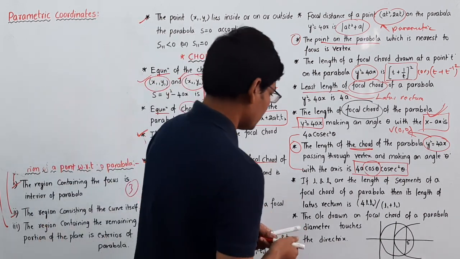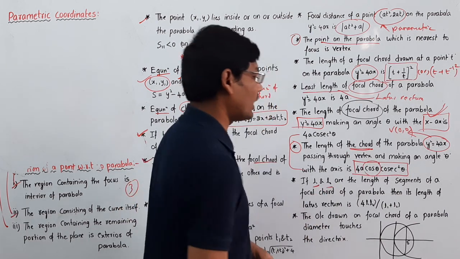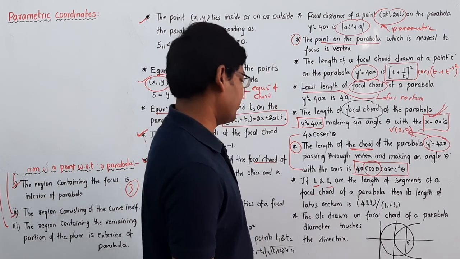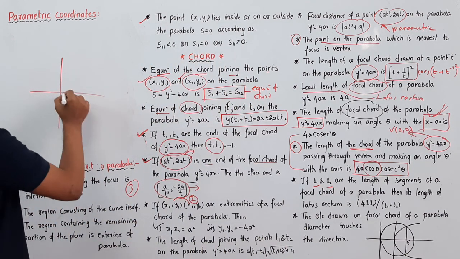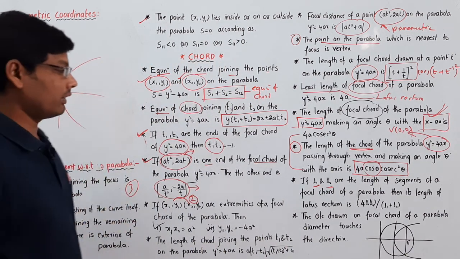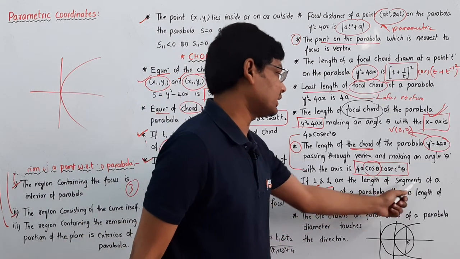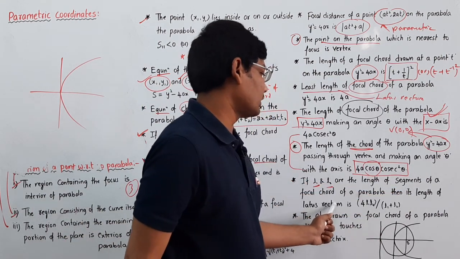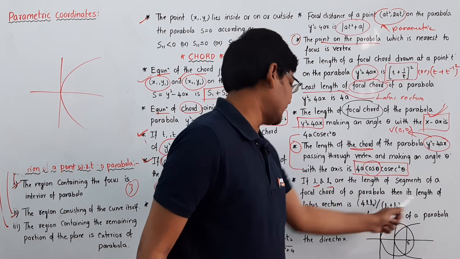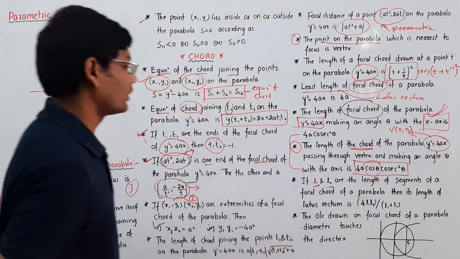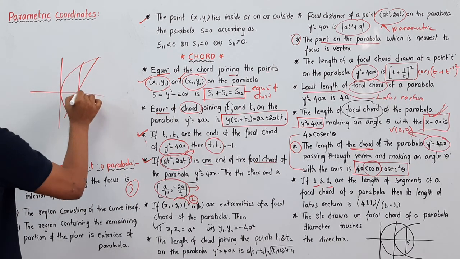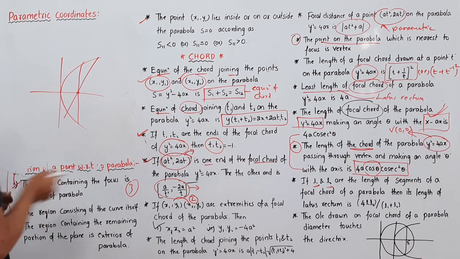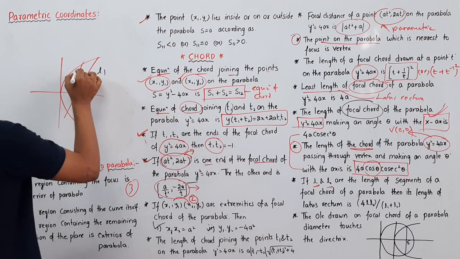Next, if L1 and L2 are the lengths of the segments of a focal chord of a parabola, here two chords are there, this is chord L1 and this is chord L2.